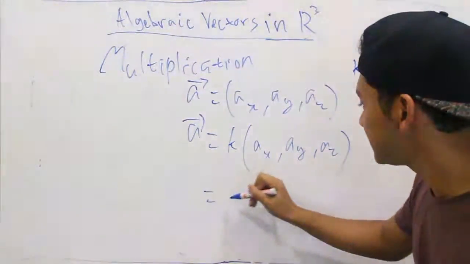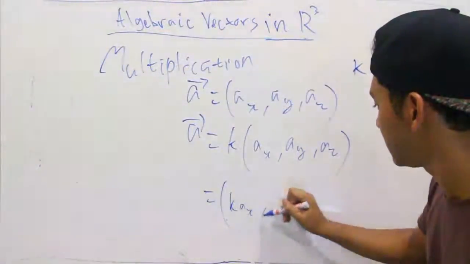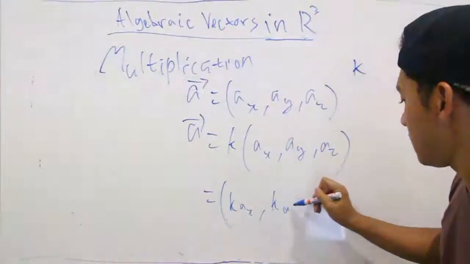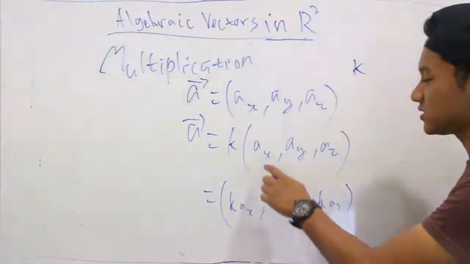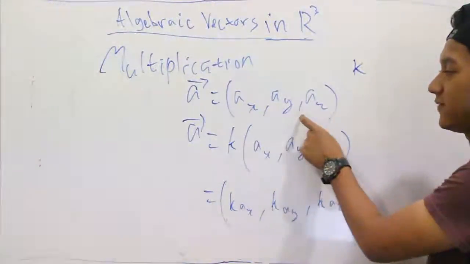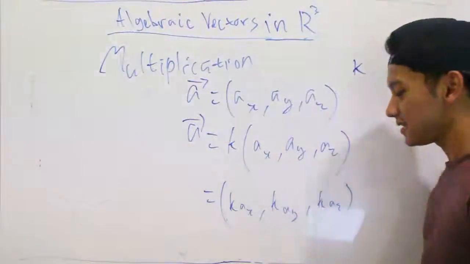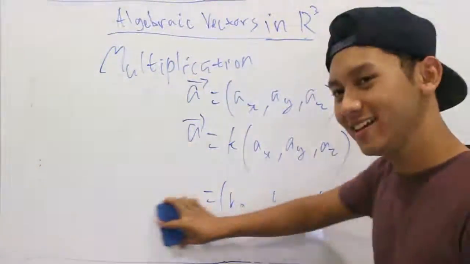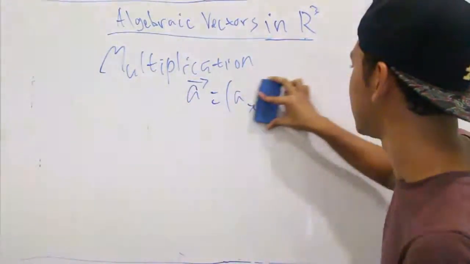We can also write this as kAX, kAY, and kAZ. This just means we multiply each of the coordinates in the vector x, y, z with the scalar k. Let's use numbers to make it easier because letters are very confusing.